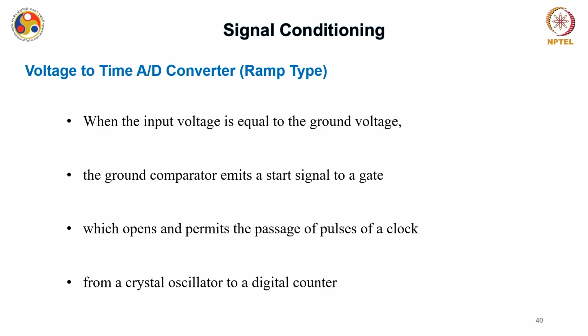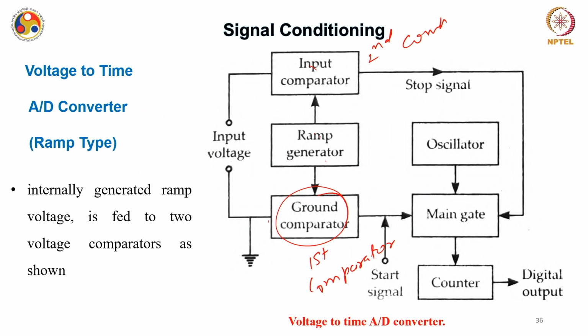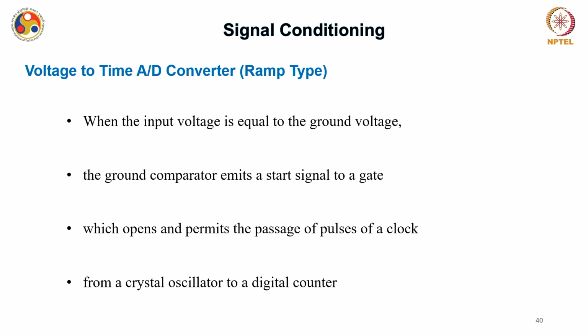When the input voltage is equal to the ground voltage, the ground comparator, or the first comparator, emits a start signal to a gate.